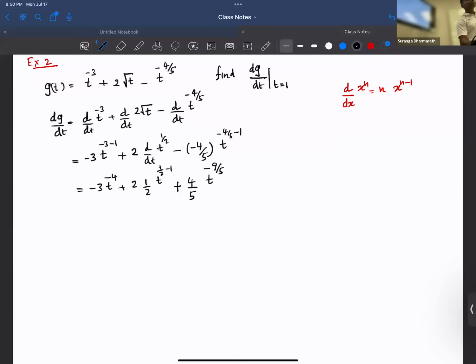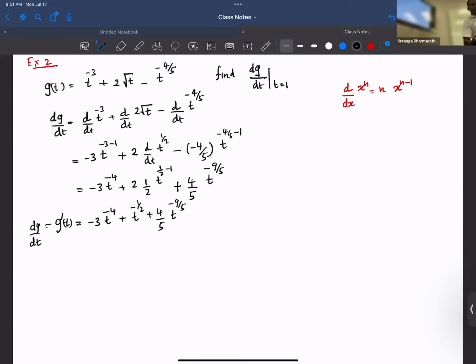Make sense? So now we can write -3 t to the power -4 plus half times 2 is 1, t to the power -half, plus 4/5 t to the power -9/5. This is your g prime of t, or you can also write dg over dt.